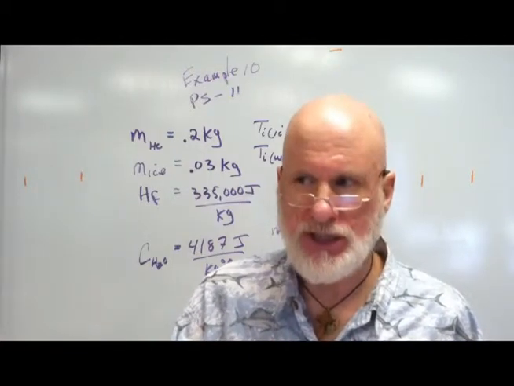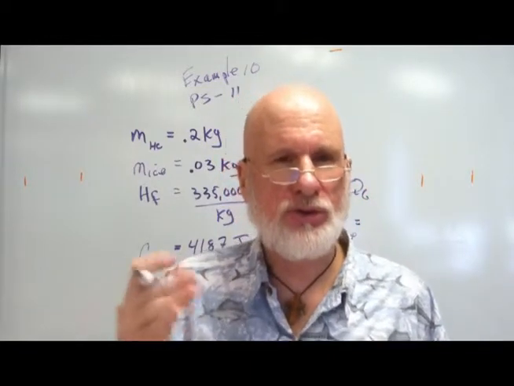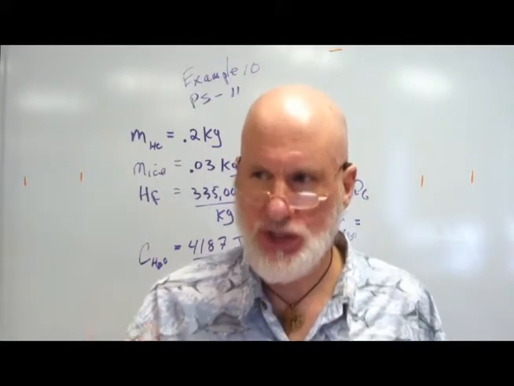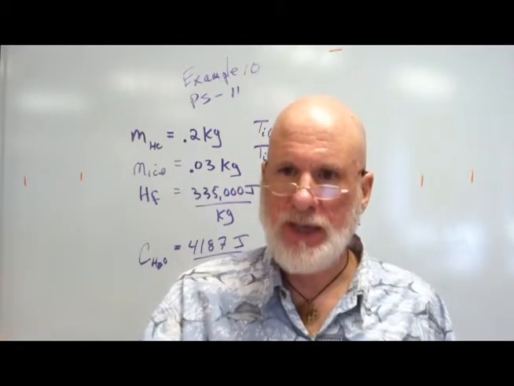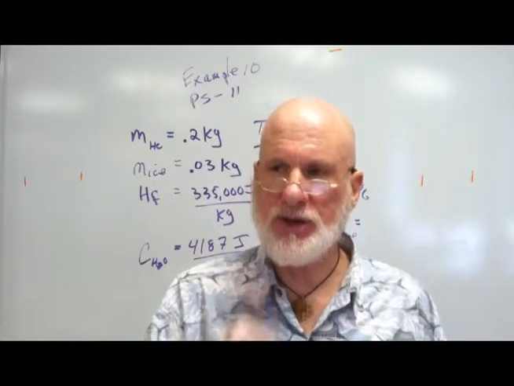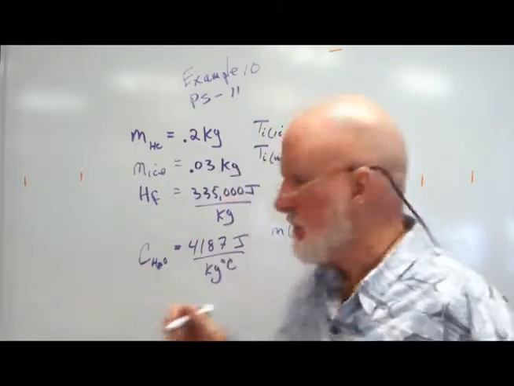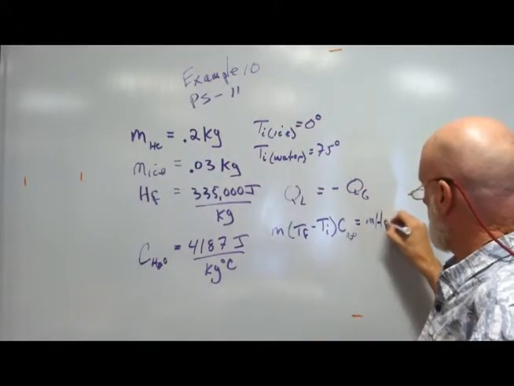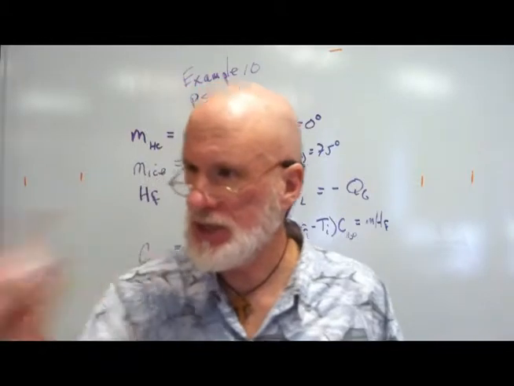So, how do I know how much heat is being consumed by the ice cube from the hot chocolate in order to just change the ice cube from 0 degree solid to 0 degree liquid? I said that was heat of fusion, right? So it'll be the mass times heat of fusion. Isn't that correct? And that will tell you how much heat is needed just to melt it.